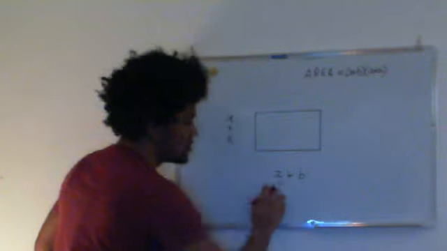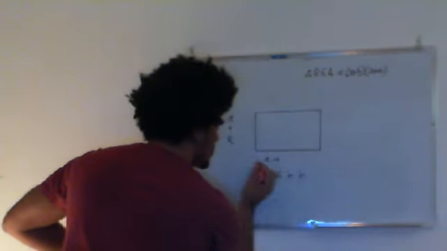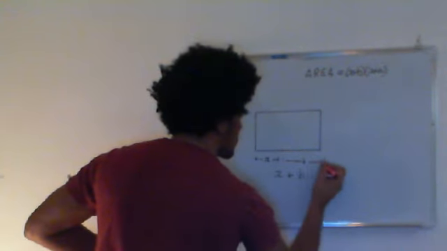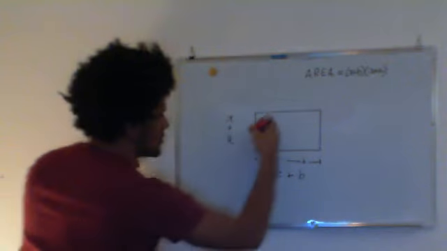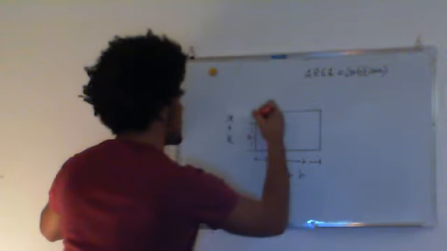And because both these lengths are made of two parts, x plus b and x plus a, we can further divide these lines into two parts. So we have a length x here, which is this shorter one, and this longer one here is going to be b. And similarly at this side, this length here is going to be x, and this one here is going to be a.